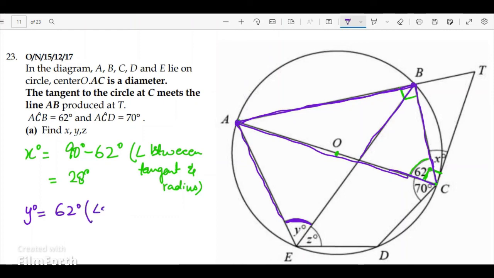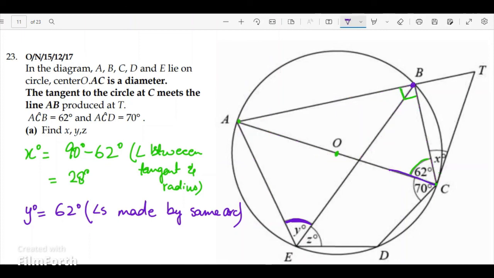Why? Because these are angles made by the same arc. Next up, we have to find the z angle. Let me just get rid of these extra lines I made.